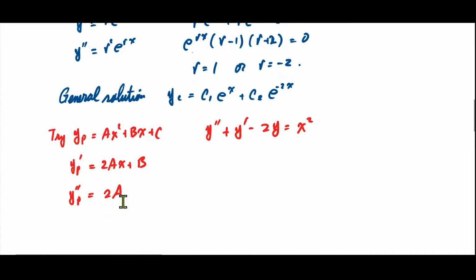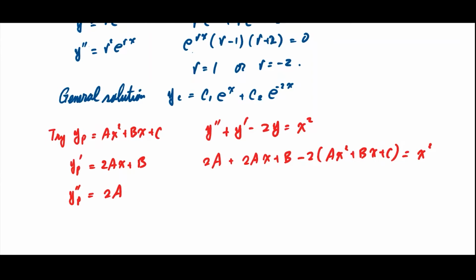So y double prime is 2a, good, plus this one, 2ax plus b, and then negative 2 of this thingy, ax squared plus bx plus c. Now that must be x squared on the other side.